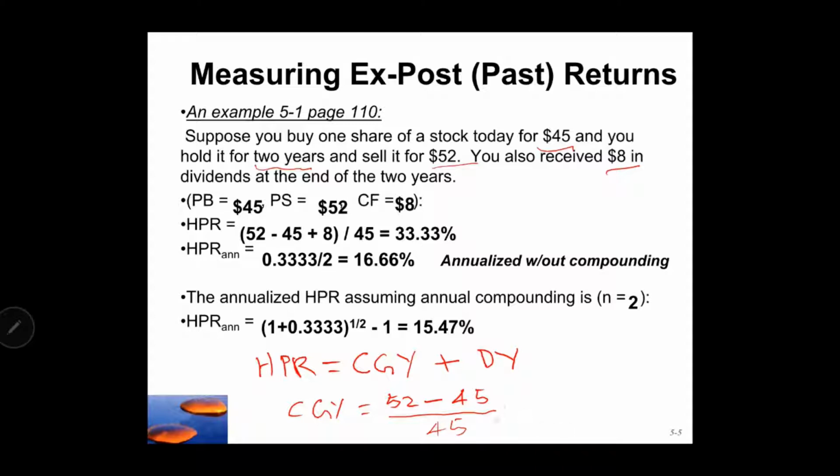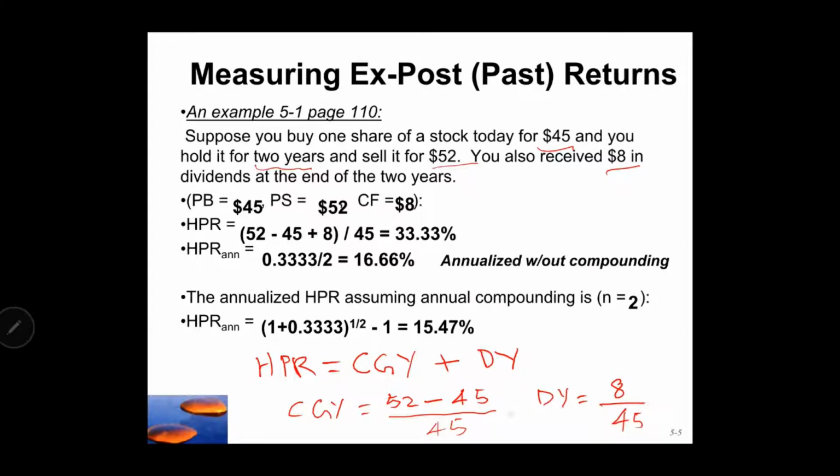And the dividend yield is simply the dividend you received, $8, divided by 45.